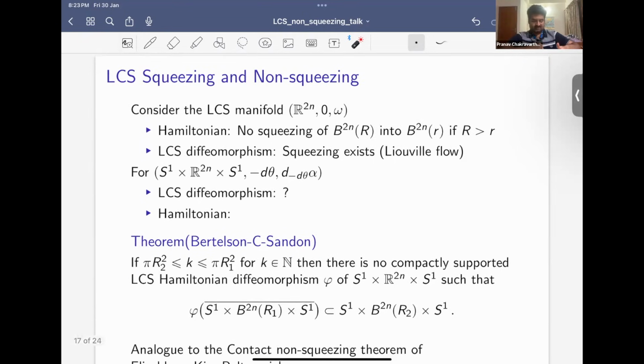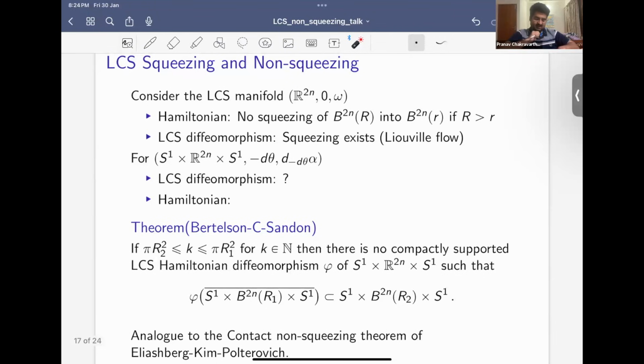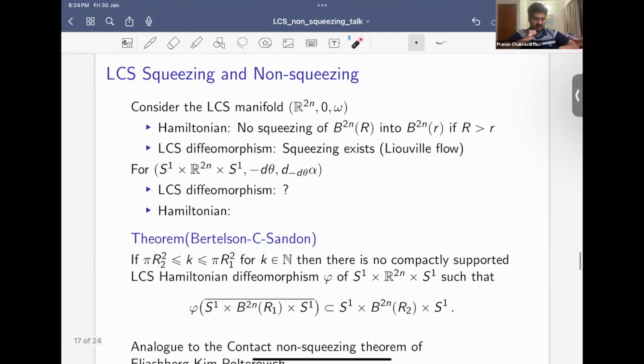This idea was originally given by Viterbo for the symplectic case, and in the contact case it was the work of Bhupal and Sandon. You'll see that it very much mirrors the proof of Bhupal and Sandon in the contact case.